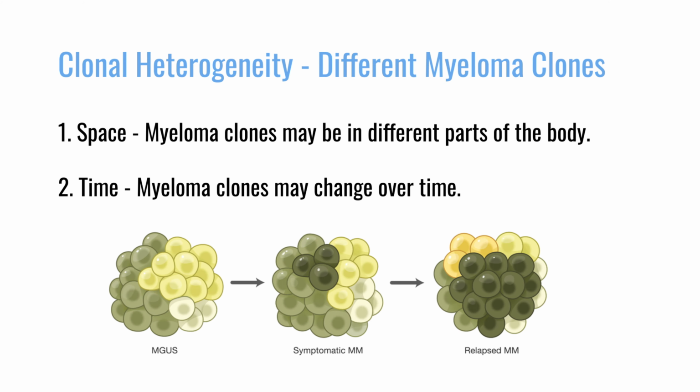The importance of this intraclonal heterogeneity is that in the past, when we thought it was just a linear progression, if you were resistant to a treatment, you would always be resistant to that treatment.